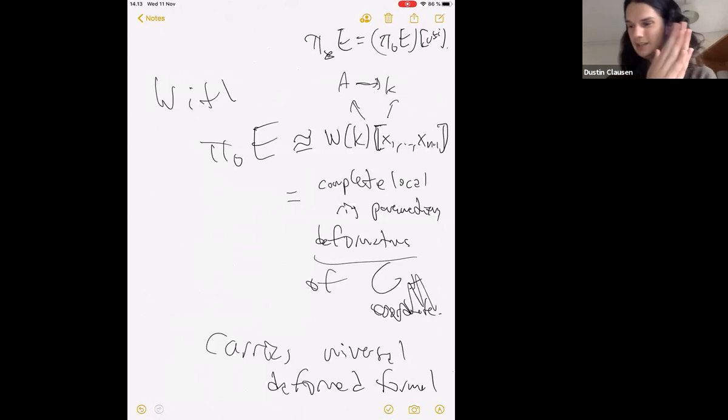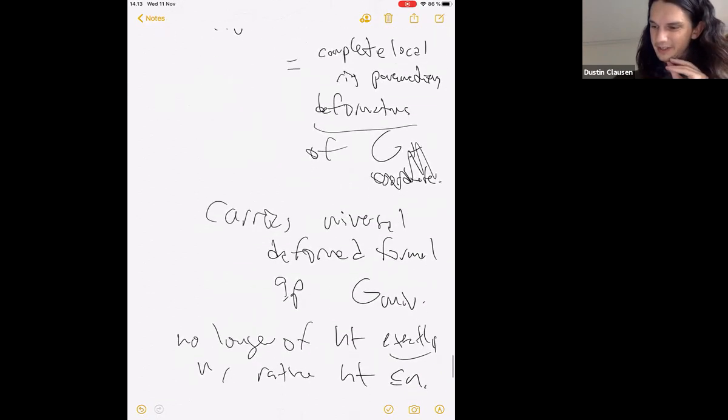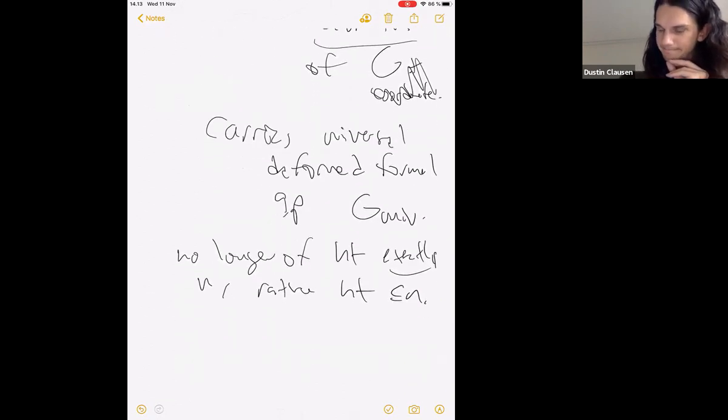Small perturbations of a height n formal group will produce a height n-1 formal group, and so on. The simplest example of this is the multiplicative formal group degenerating to the additive formal group, although I guess that's height infinity, so maybe it doesn't quite fit into the picture. But if you throw away some higher order terms in a height n group, you get a height n-1 group.